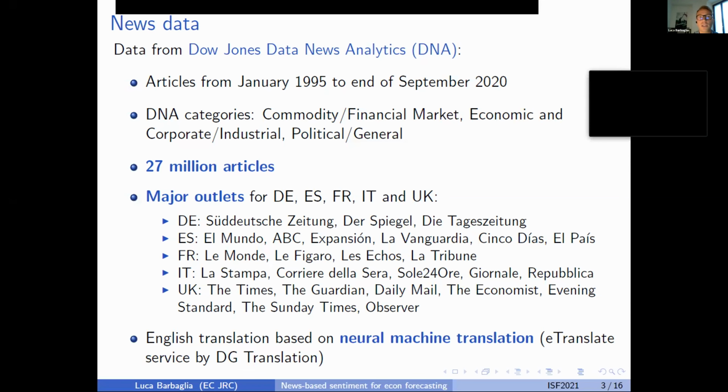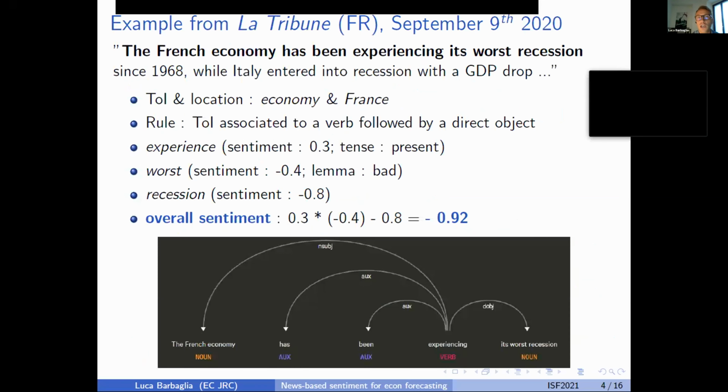Here is an example. Take this sentence that was published in the French newspaper La Tribune on September 9, 2020. The sentence in English goes like this: the French economy experiences worst recession since 1968, while Italy, and then it goes on. So I want to compute the sentiment about the topic of interest, economy, for the specific location, France.